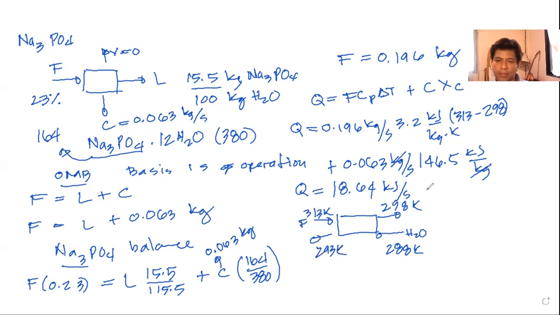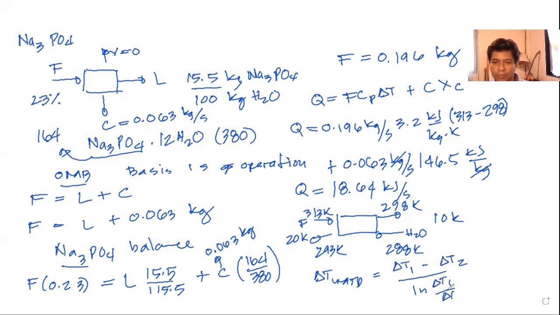You still know how to calculate delta T LMTD. So this is 10. That's delta T2. Then delta T1 is 20. So approximately, you should get around 15. So let's calculate delta T LMTD. It's just delta T1 minus delta T2, since delta T1 is bigger, divided by ln of delta T1 over delta T2.